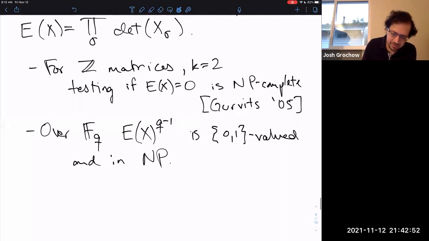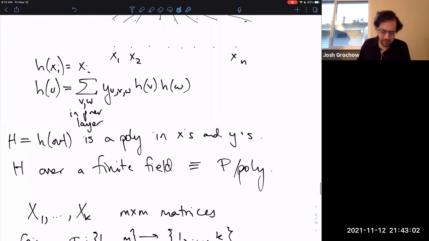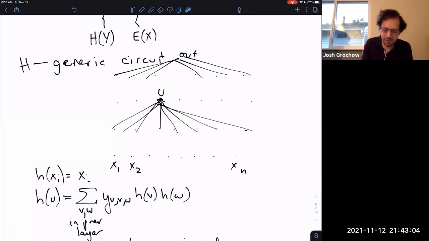And so E of X is characterized by its symmetries. H of Y is almost characterized by its symmetries. If you look at this function H, there are lots of symmetries you get by permuting within the rows here. It's not quite characterized by its symmetries as far as we know, in that there could be other polynomials with similar combinatorial symmetries.